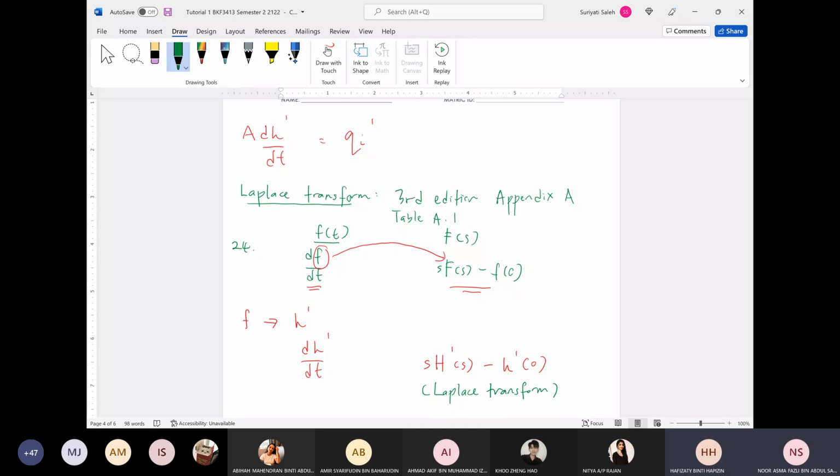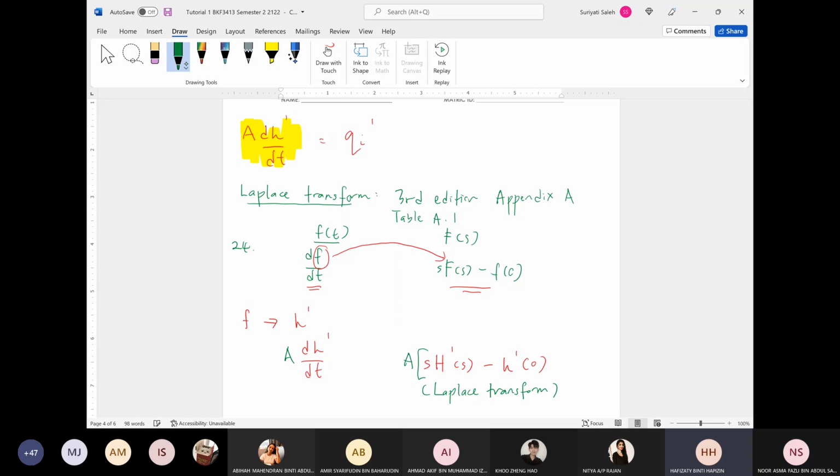So now if we take a look, you have the a dh prime over dt. We just focus on the left hand side first, how to do the Laplace transform, and for this case you have the a dh prime over dt. A is your constant value. Normally when you have a constant value, we just simply put a here, a dh prime dt, so you multiply with the a.